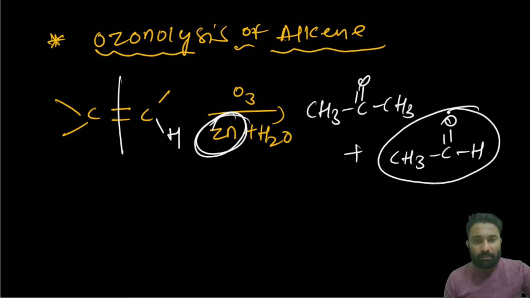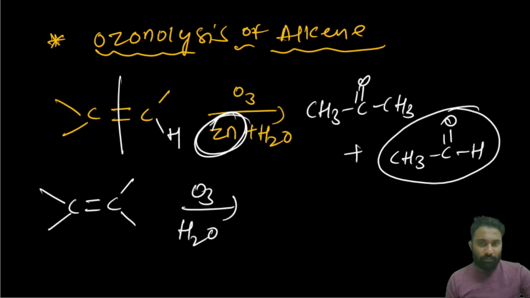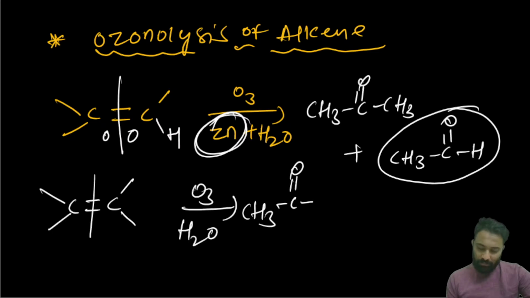Then, in the same reaction, if they have given ozone in the presence of normal H2O, one end will give you the ketone, and this aldehyde will be further oxidized to carboxylic acid.